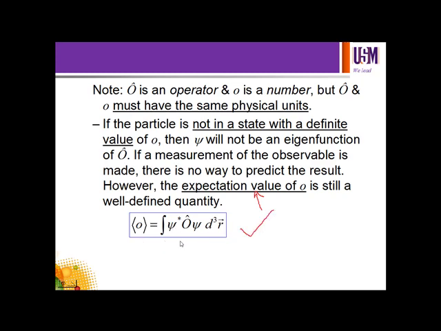That means integrate, and remember that psi star multiplied by psi is the probability density. So if you have a certain observable quantity, then we have a linear operator O between psi star, the conjugate of the wave function, and the wave function.